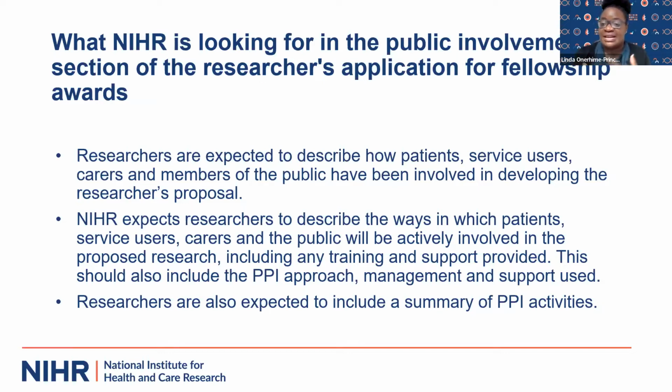So even from the designing stage, how they've been actively involved in that. We also expect you to describe the ways in which patients, service users, carers, and members of the public will be involved in the proposed research, including training and support. This should also include your PPI approach, management, and support used. And you should also include a summary of your PPI activities.